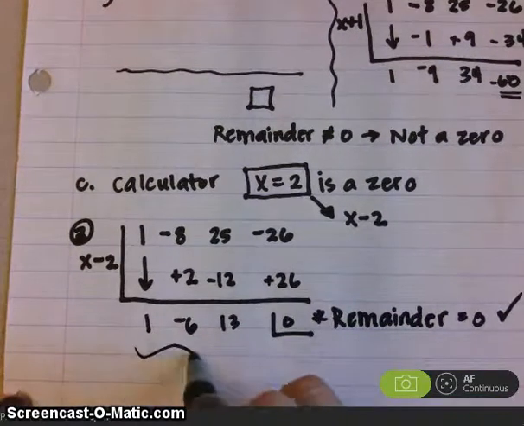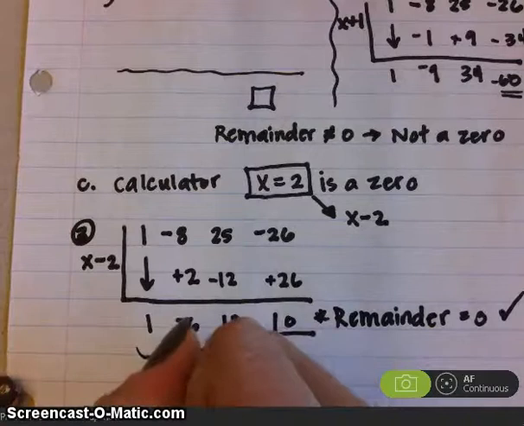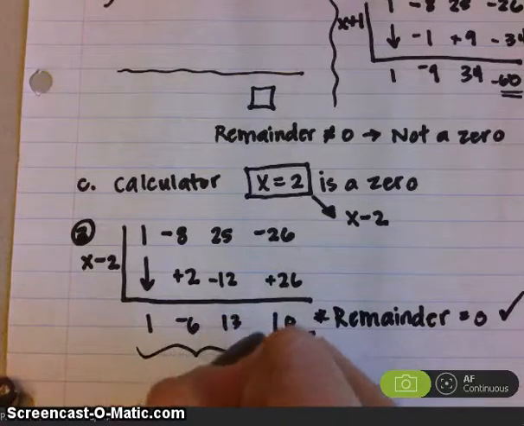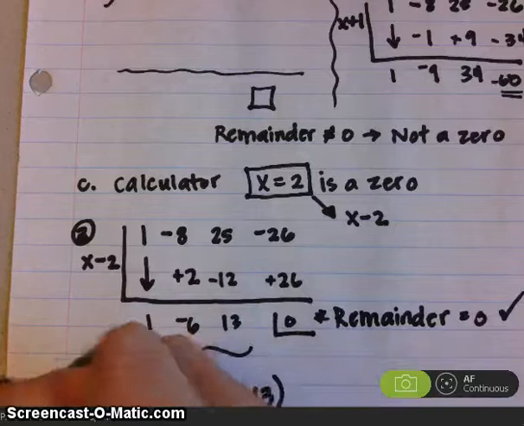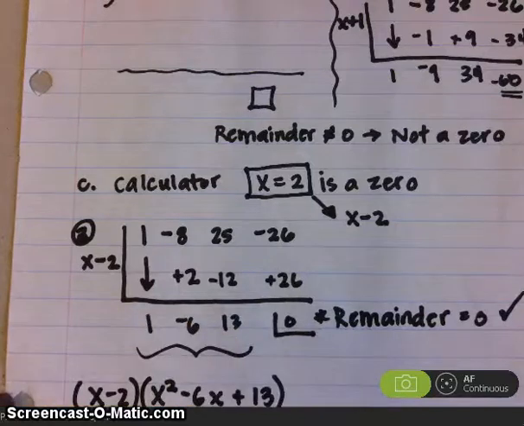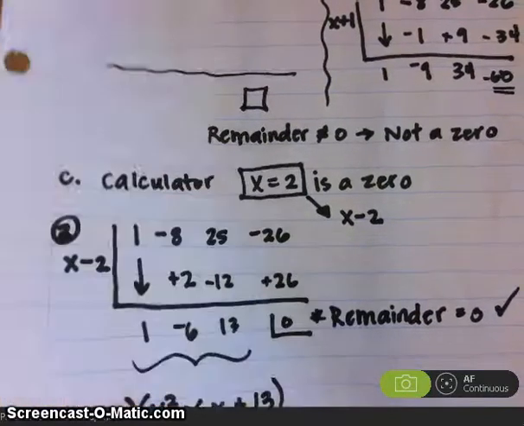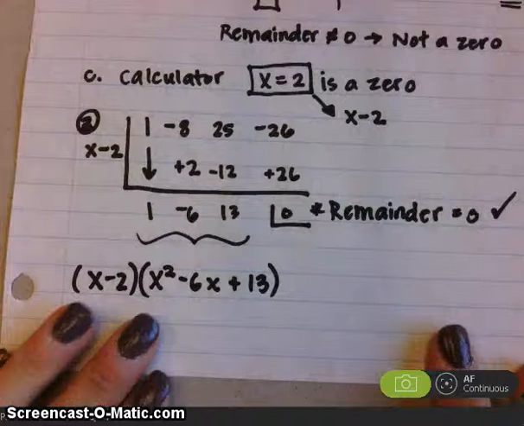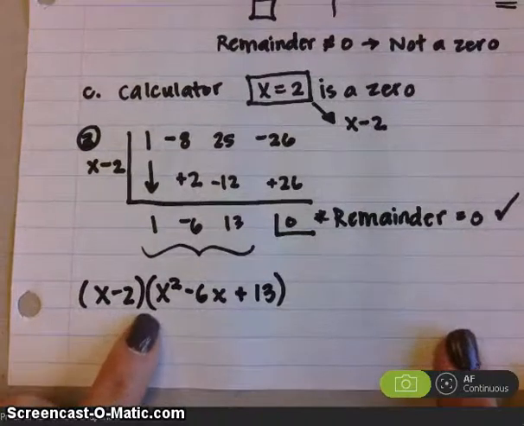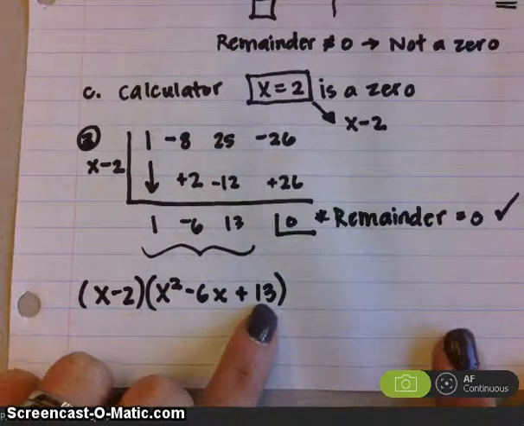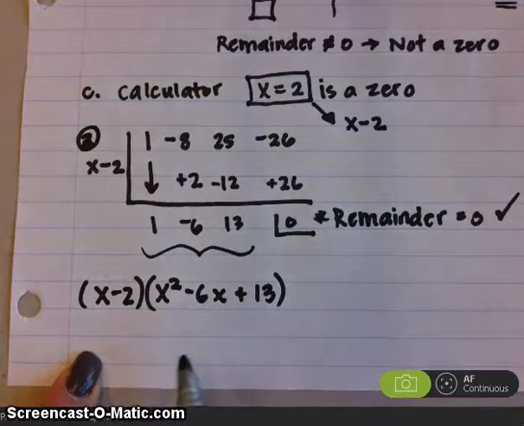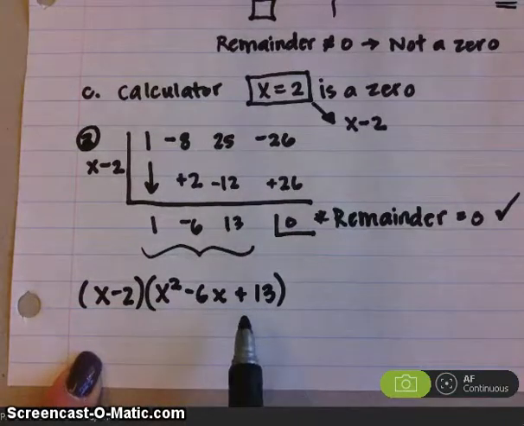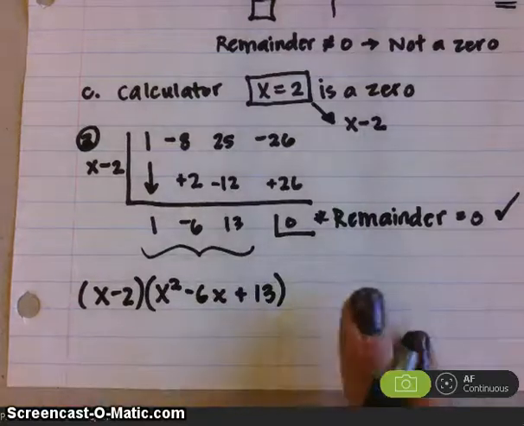But the purpose of this step number 3 is to obtain this quadratic result once I've factored out the 1 0 I know works. So right now this is the factored form of my polynomial, x minus 2 times x squared minus 6x plus 13. You could possibly factor it more depending on whether this factors here, but this is what we've got right now.